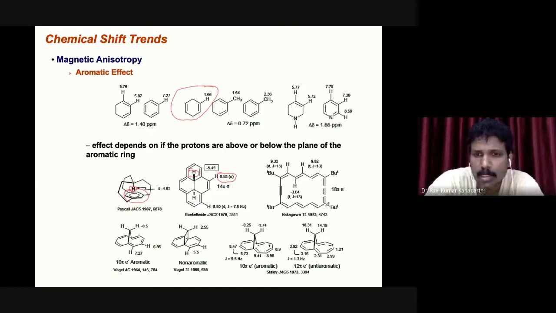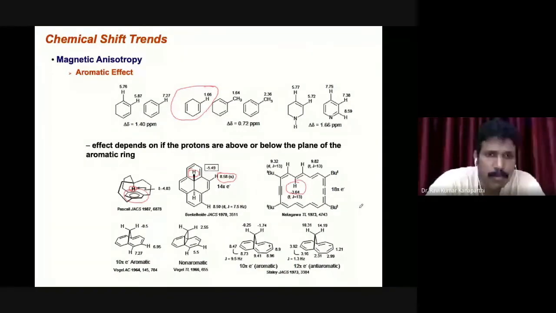And then coming to this one, again we have another aromatic system. The NH protons are seen at a very small chemical shift value, and the peripheral protons are seen at a very high chemical shift value, right? And this is a 10 pi aromatic compound, and again the same situation: the two inner hydrogens will show at -0.5.